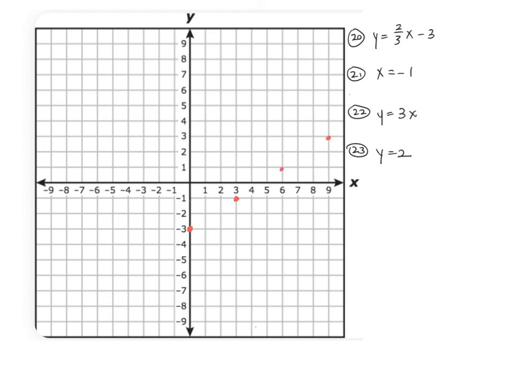I could have also gone down 2 and left 3, because 2 negatives make a positive. So down 2 and left 3 is also on the line. And then you're just going to connect those dots, and you will have the line for number 20. Okay, I'm going to erase that one.